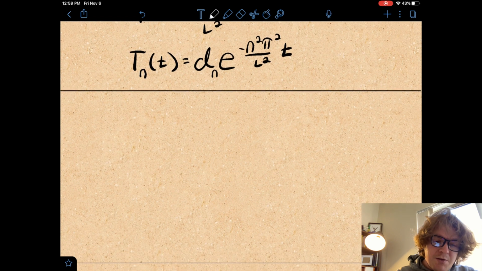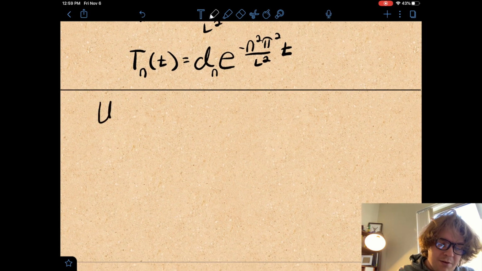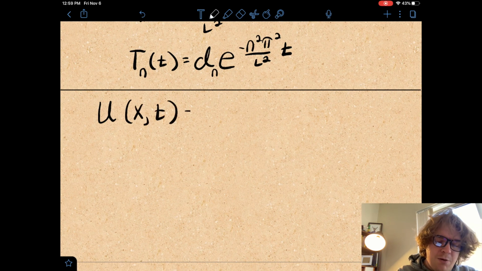Okay. So now we can actually write down the solution, or part of the solution, which remember, we said that u of x,t was going to be our function of x times our function of t.